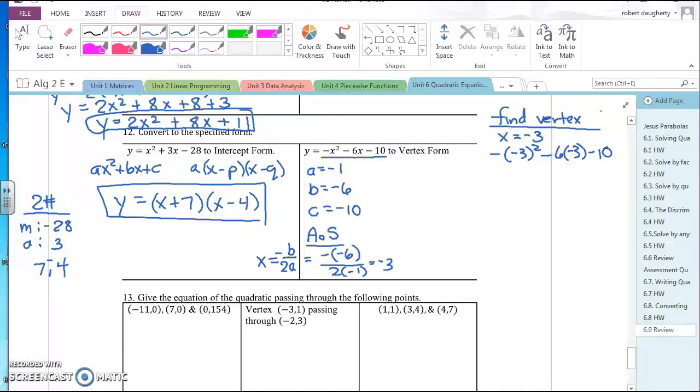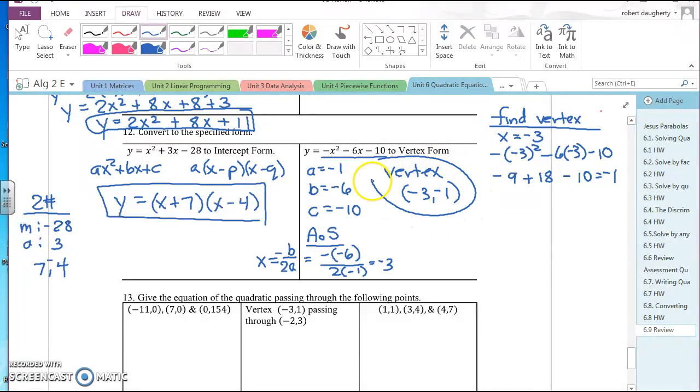Negative 3 squared is 9, so this is negative 9 plus 18, that's negative 6 and negative 3, minus 10. So this is negative 19 plus 18, which is negative 1. So I now know that my vertex is negative 3, negative 1.